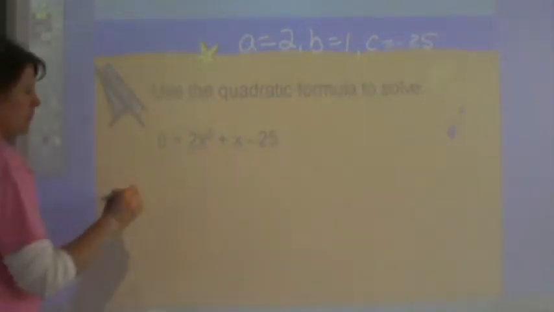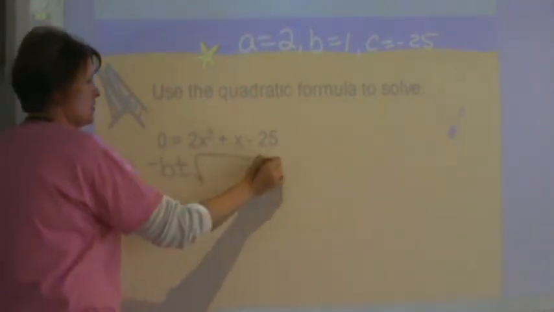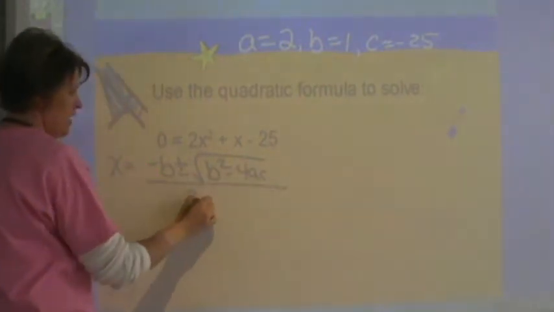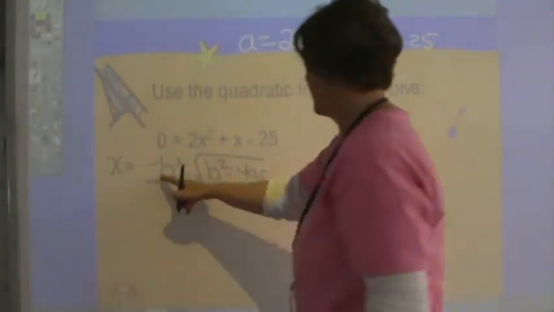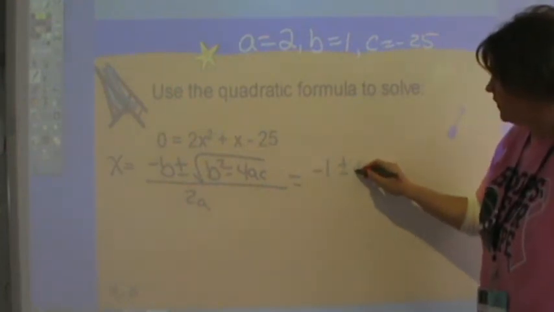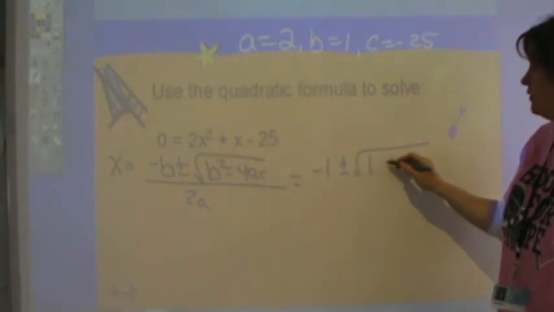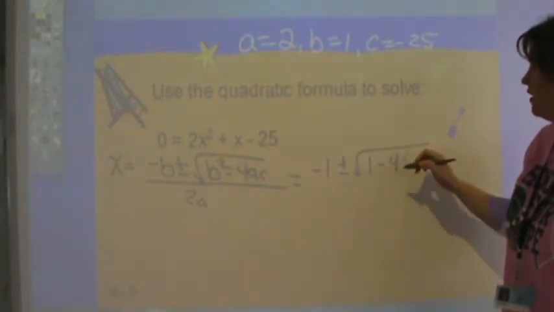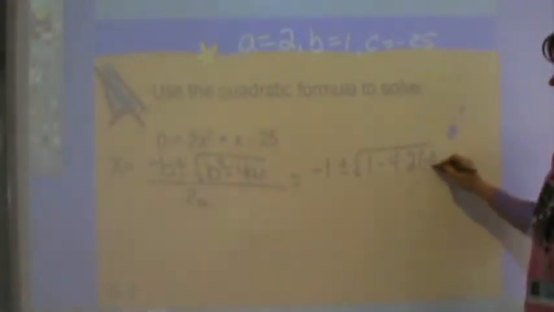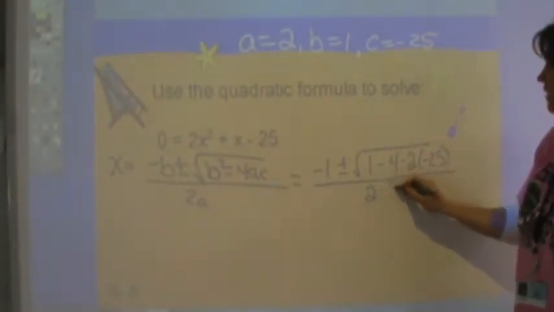Then we do the opposite of b plus or minus the square root of b squared minus 4ac all over 2a. The opposite of 1 is negative 1. B squared, 1 squared is just 1, minus 4 times a times c, all over 2a.